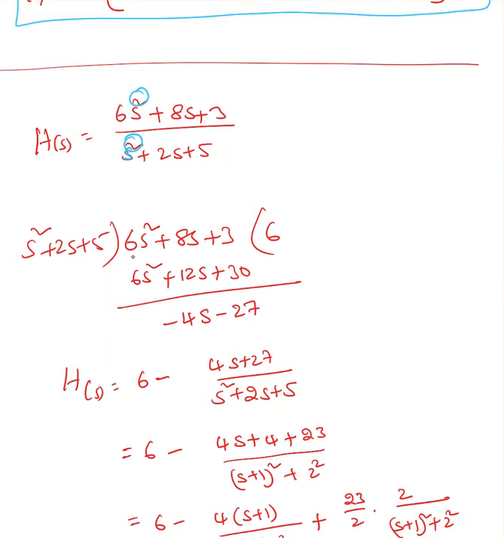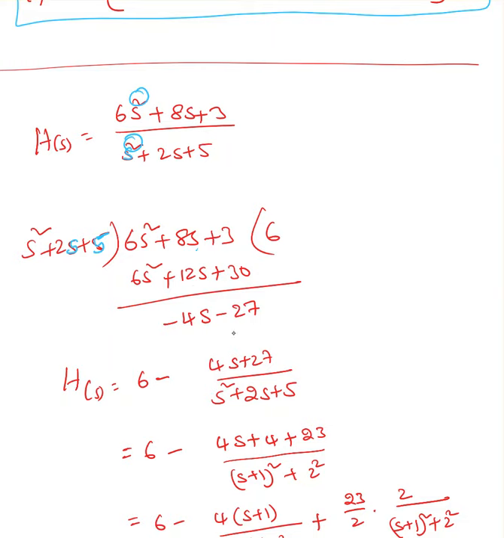So what I'm going to do is the long division. I'm going to divide 6s squared plus 8s plus 3 by s squared plus 2s plus 5. If I multiply this by 6, I get 6s squared plus 12s plus 30.